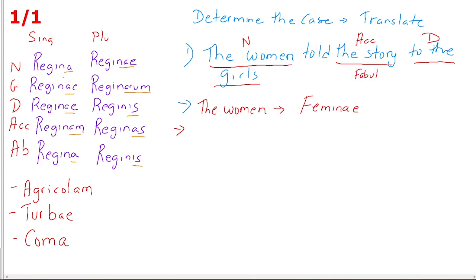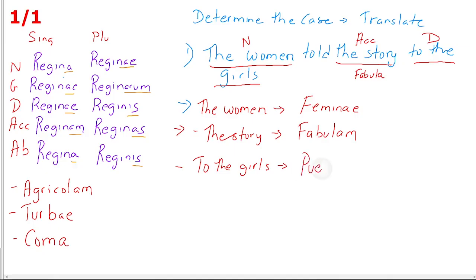So accusative singular of fabula would be fabulam, and to the girls, since it is dative, puella is the Latin noun for girl, you will have puellis.